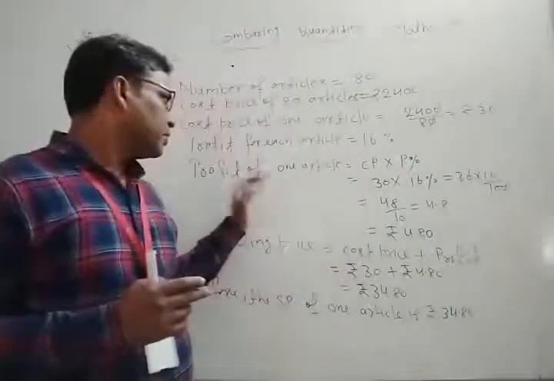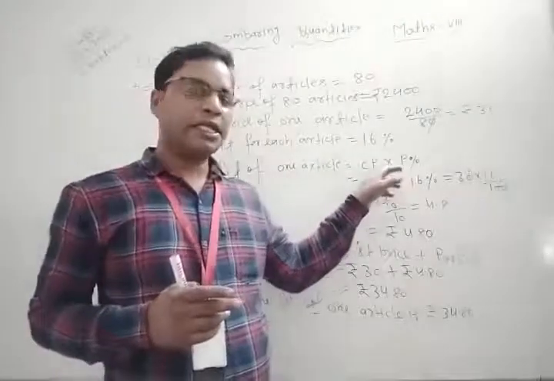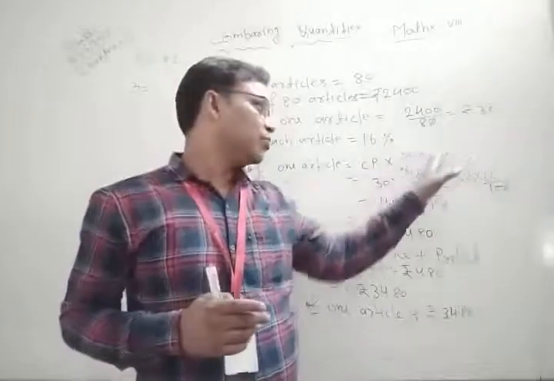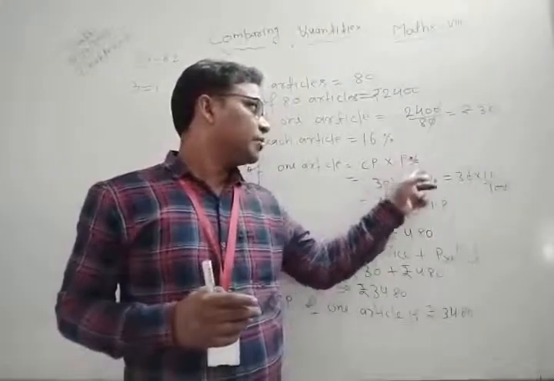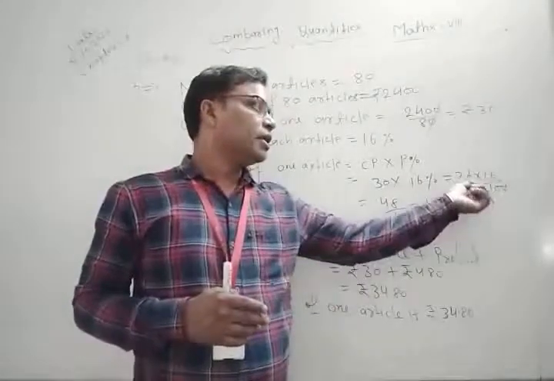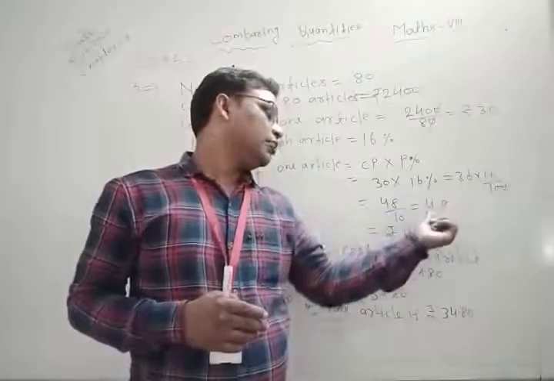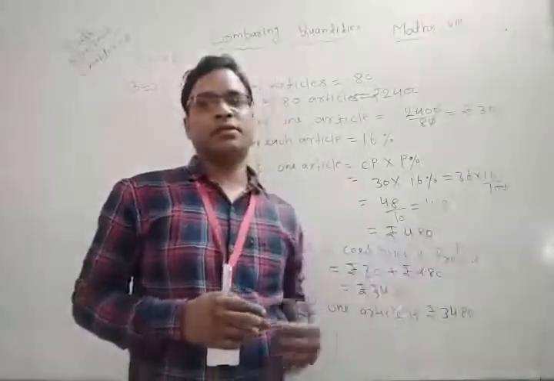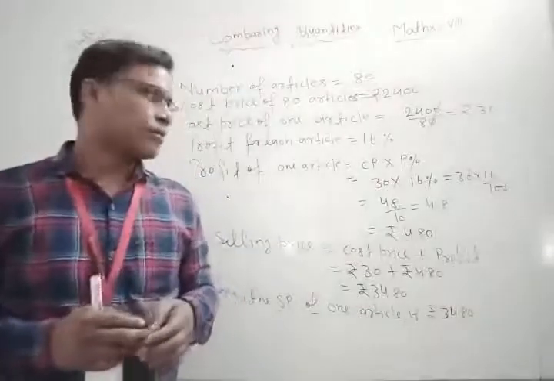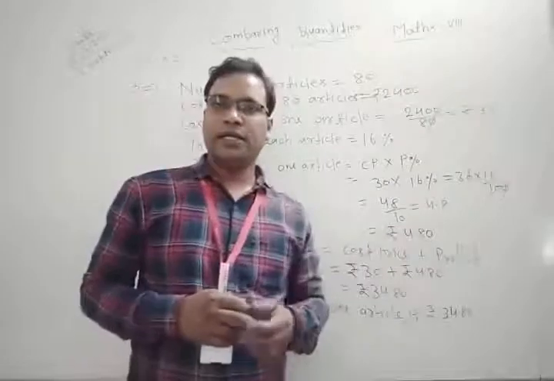So profit of one article is equal to CP into profit percentage. CP means cost price. Cost price we found for each article is 30 rupees, and profit percentage is given here 16%. 16% means 16 upon 100. So 30 into 16 upon 100. If you calculate this, then you obtain 4.8. Okay. So in this way you find the profit of each article is 4.8 rupees.